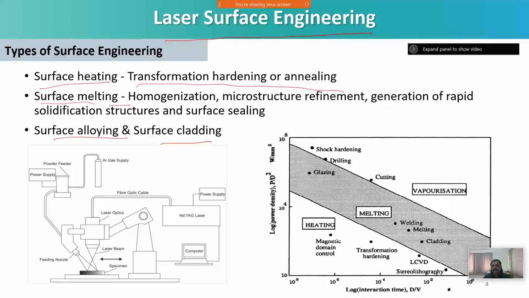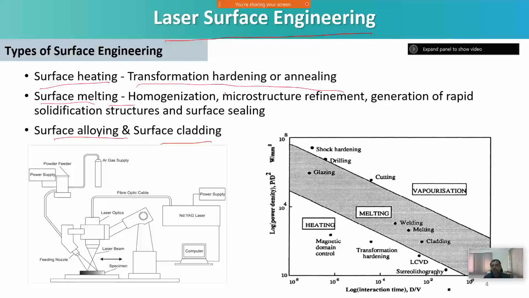So surface melting is for other functional materials like titanium, nickel, magnesium, aluminum. If you melt and solidify at a very, very rapid rate, this is very much possible with the laser, as you are generating very high energy density in a very, very short duration, and then removing the energy very quickly, at a few 10 power 6 or 10 power 8 degrees centigrade per second.